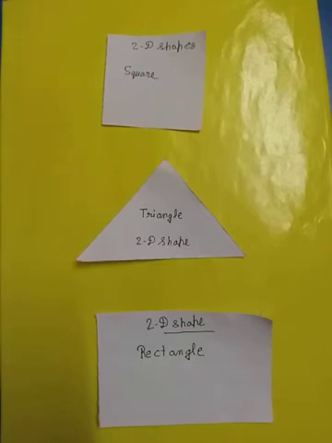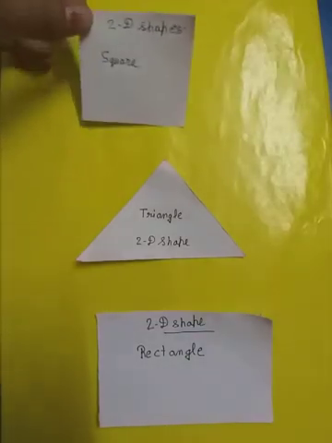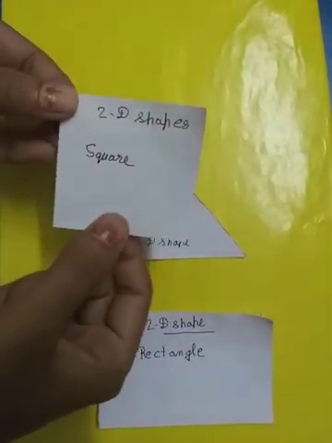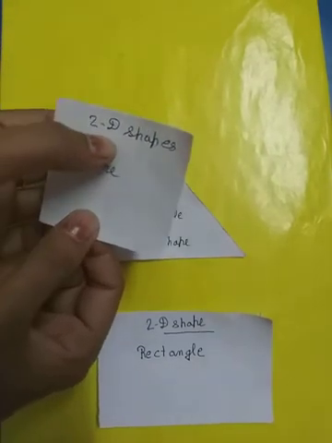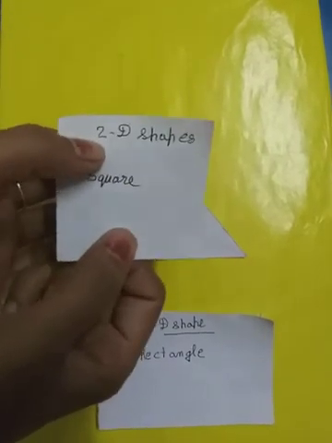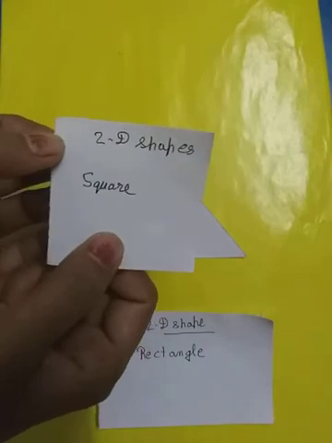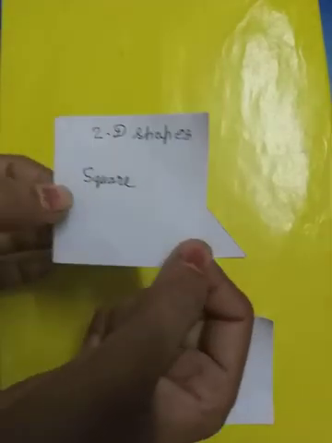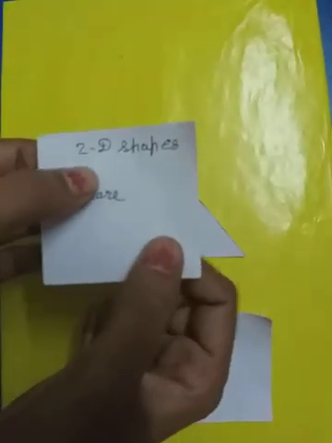The first shape we have is the square. Now, how is this a 2D shape? Let's see. In this shape we have only length and breadth.